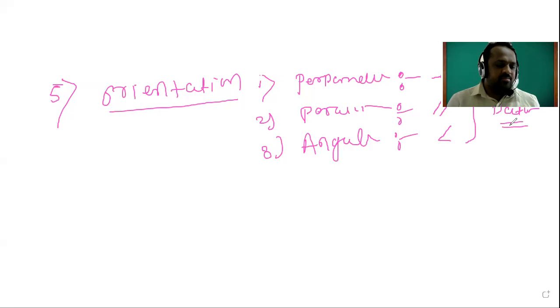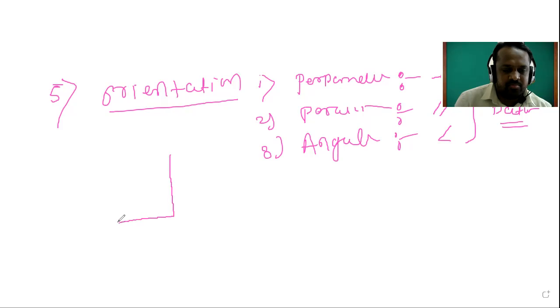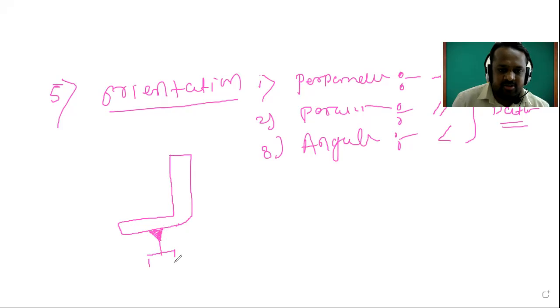Okay, for example, suppose this is one component. So this is the component. Okay. So the datum, how to represent the datum? An inverted triangle like this. Here you can write any letter: A, B, C, D like this.